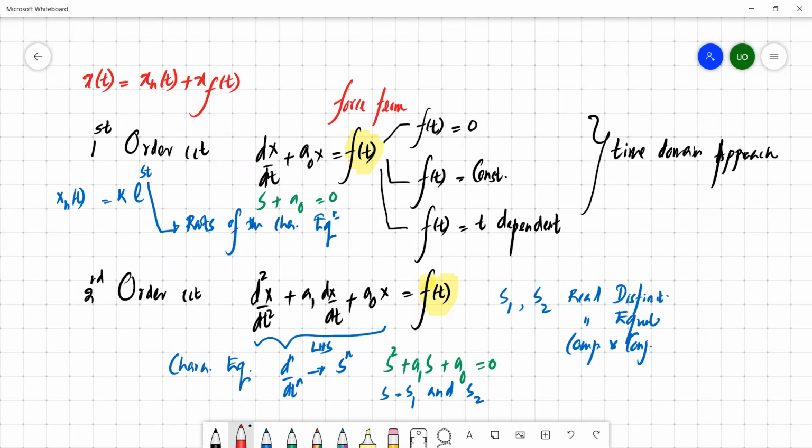Other than that, we discussed another mechanism of getting the forced response. This is called converting everything to the phasor circuit, the phasor domain. We found that we can easily evaluate the forced response or the steady state response in the phasor domain.